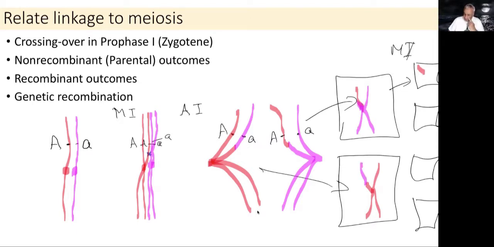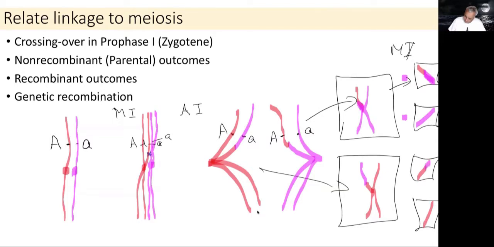And then what's going to happen next is that these chromosomes will end up inside the respective haploid cells. So this one will contain mostly purple with a bit of red, the top one. This one will contain entirely purple, and this one here will contain entirely red, and this one here will contain mostly red with a bit of purple.